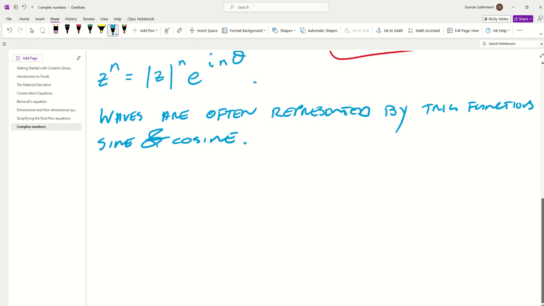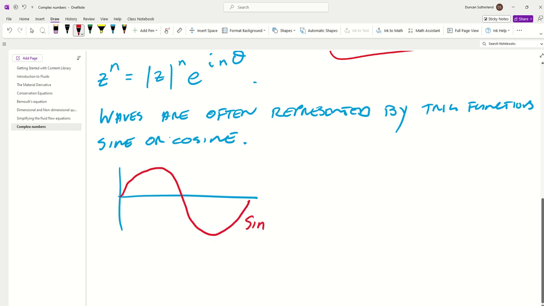So we use the trig functions sine and cosine to represent a wave. They're actually equivalent, so I could write sine or cosine. The reason is that a sine, right, like, ooh. I think if I make a scribble, it thinks that I'm erasing something. So here's the sine.